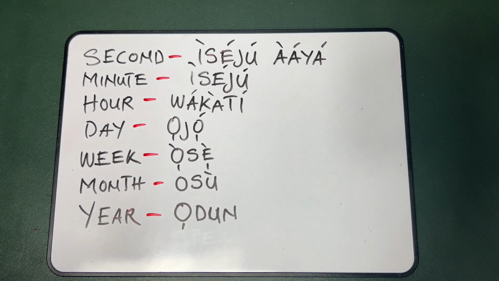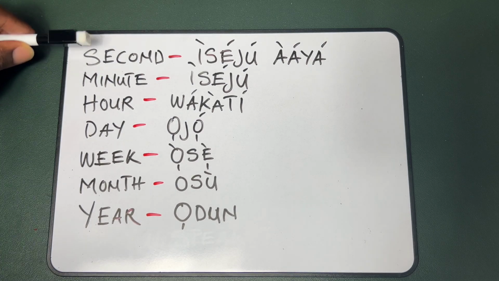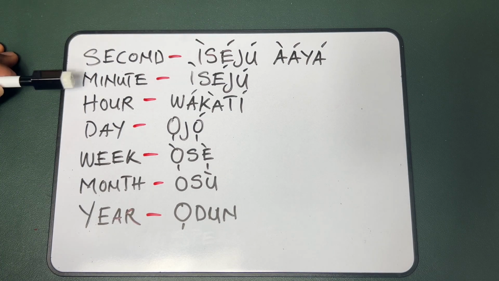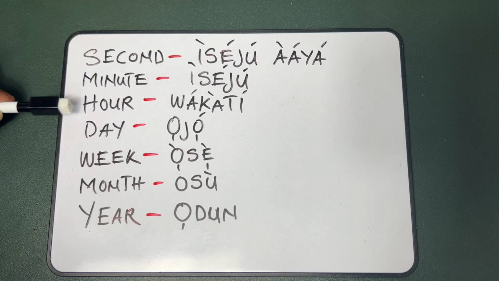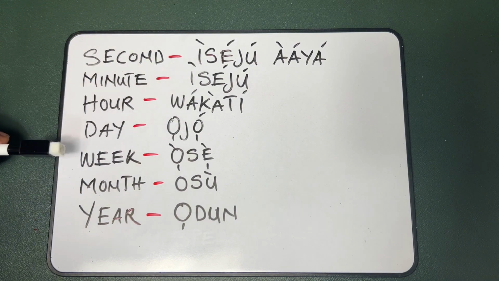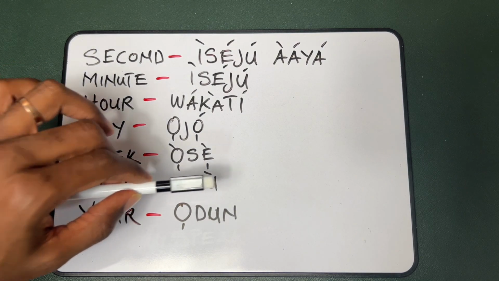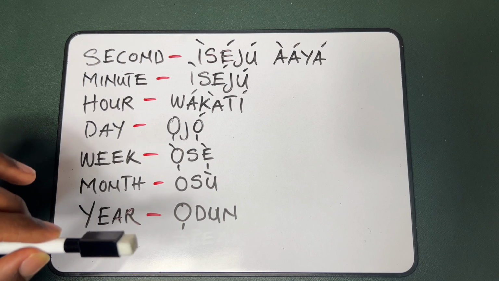Year, you have 2 of it, if you understand what I'm saying. So ìṣẹ́jú àáyá mẹ́ta, 3 seconds. Ìṣẹ́jú àáyá mẹ́wàá, that's 10 seconds. So second is ìṣẹ́jú àáyá, minute is ìṣẹ́jú, hour is wákàtí, day is ọjọ́, week is ọ̀sẹ̀, month is oṣù, year is ọdún.